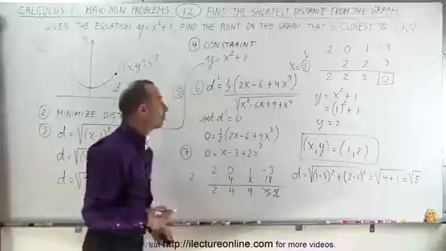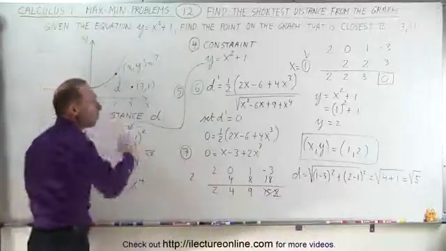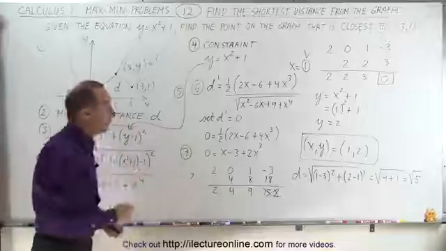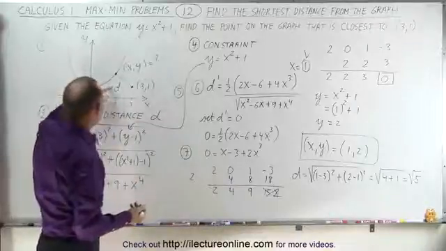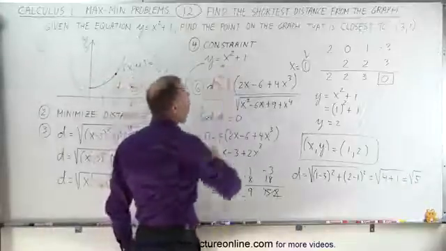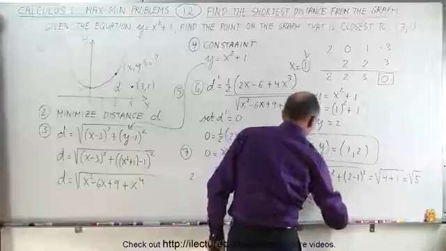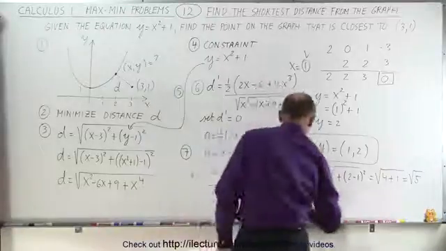Now what you could do is take a value on either side of that given point and see if the number gets bigger or smaller. Let's take one other point on the graph. Say if x is equal to 2, y is equal to 5. So try the point x, y equal to 2 and 5 and see what happens to the distance.